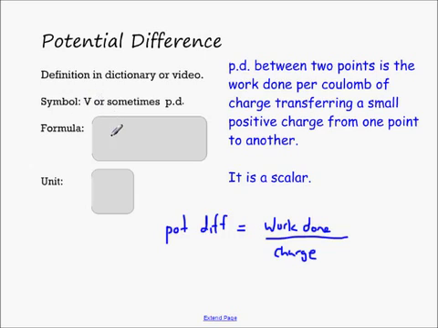It's V. V equals work done, which is capital W, divided by charge, which is Q. What's the unit? It's the volt, V again.